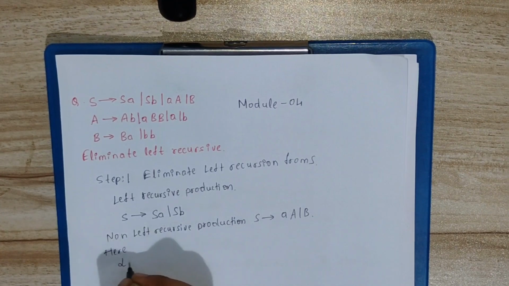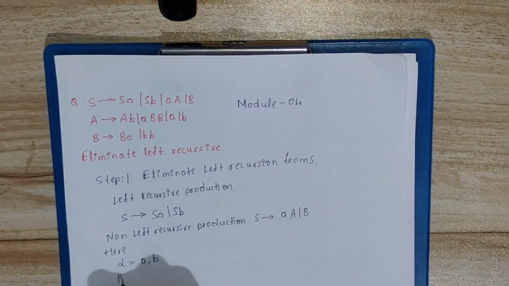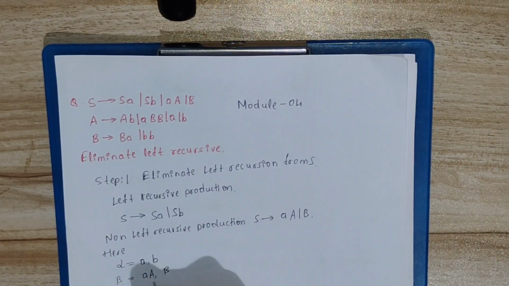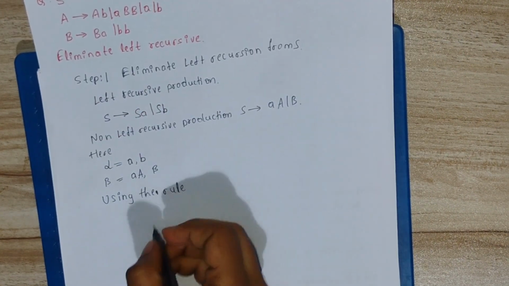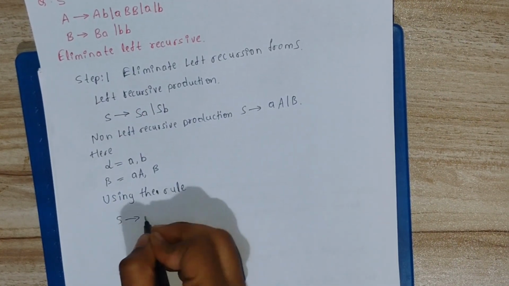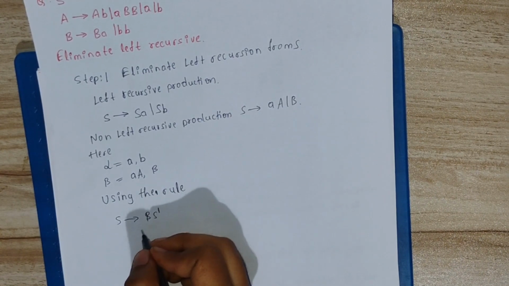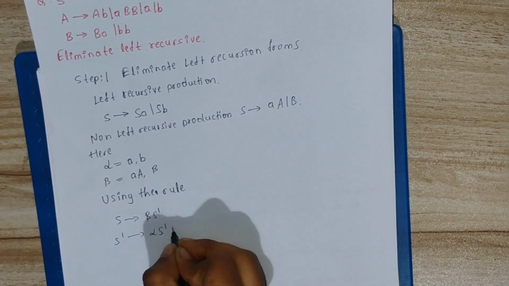Here alpha is equal to AB, beta is equal to AA, beta is equal to AAB. Using the rule, S implies beta S dash, S dash implies alpha S dash slash epsilon.